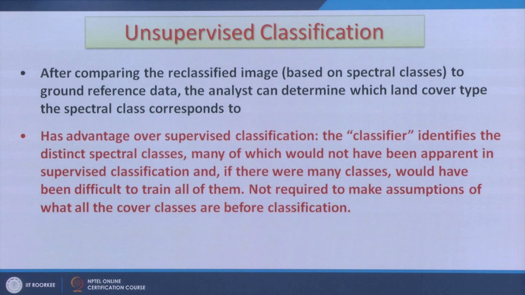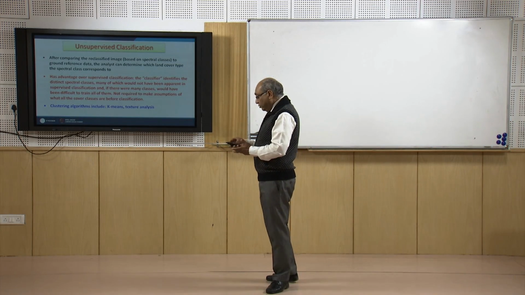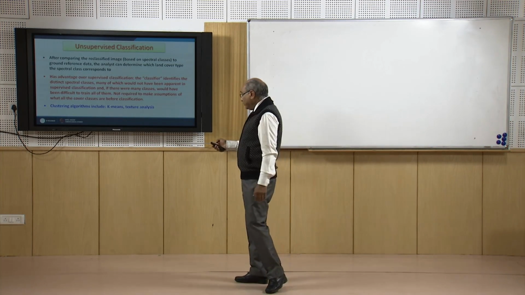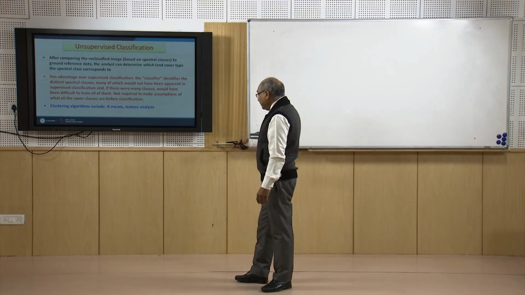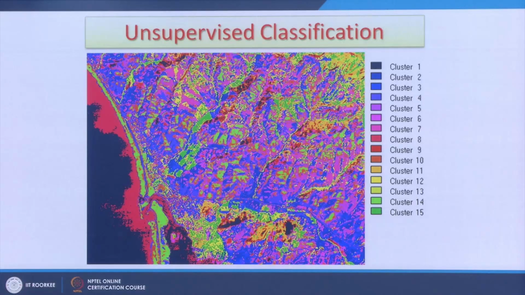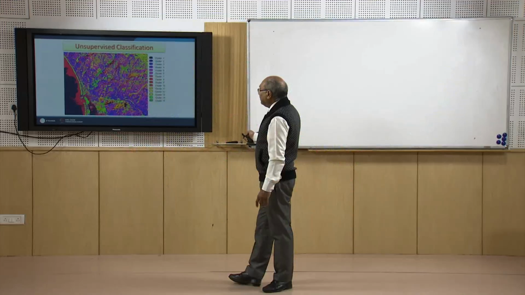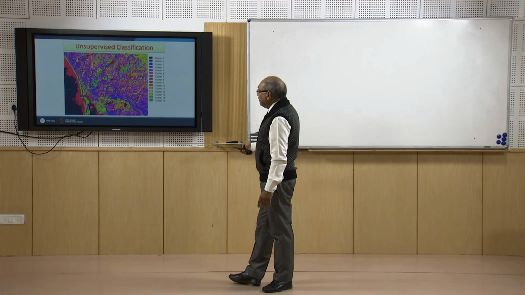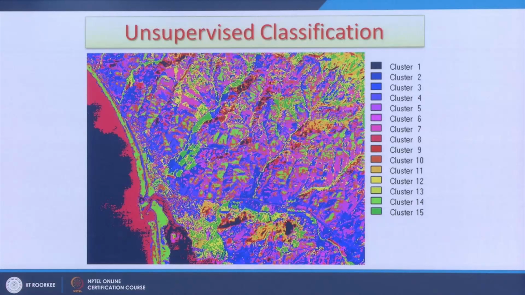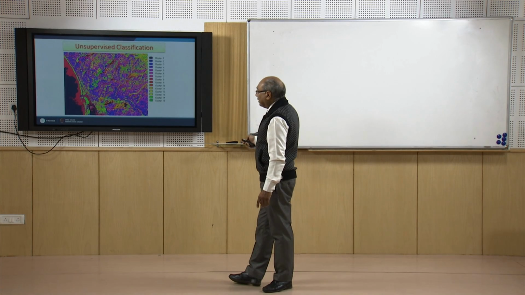The clustering algorithms in unsupervised classification include k-means, textural classification and others. Here the same image was subjected to classification into the same 15 classes. These are the clusters. If I realize that this is seawater, instead of a cluster label I will remove it and put seawater.